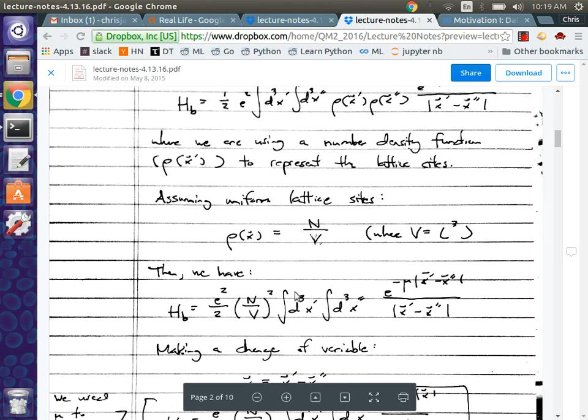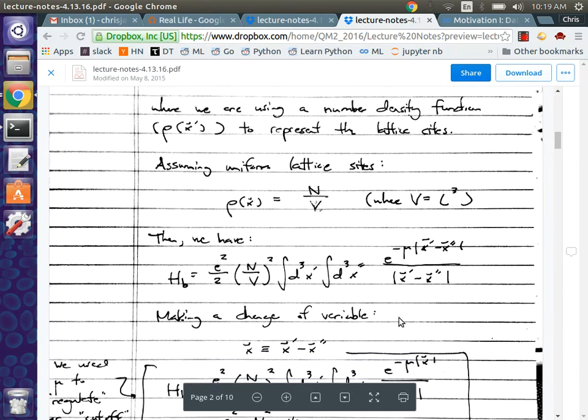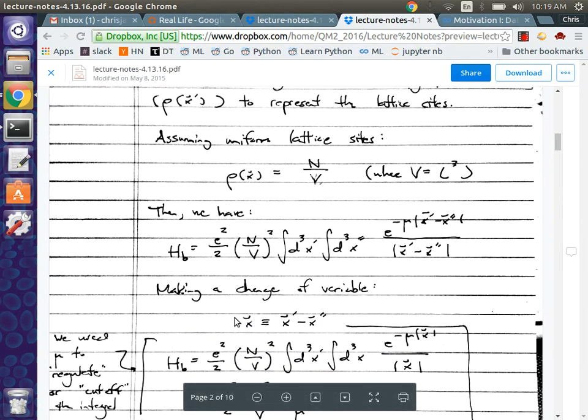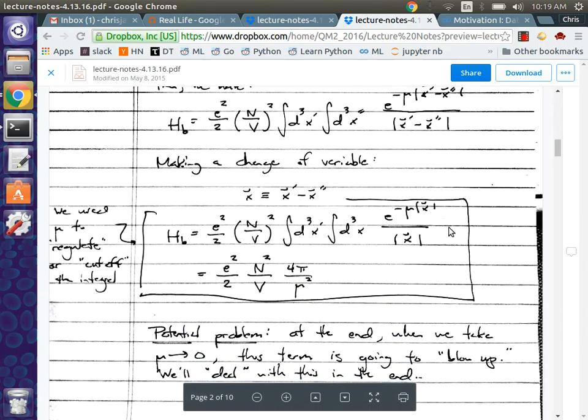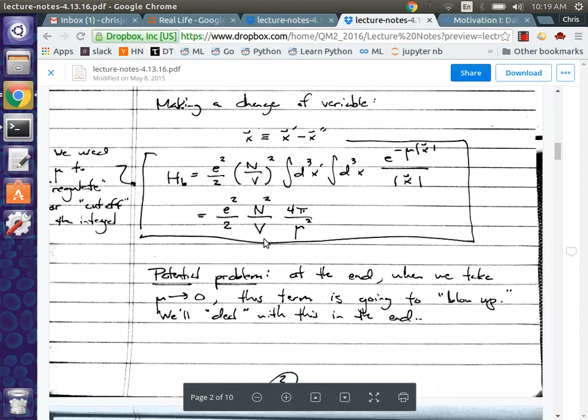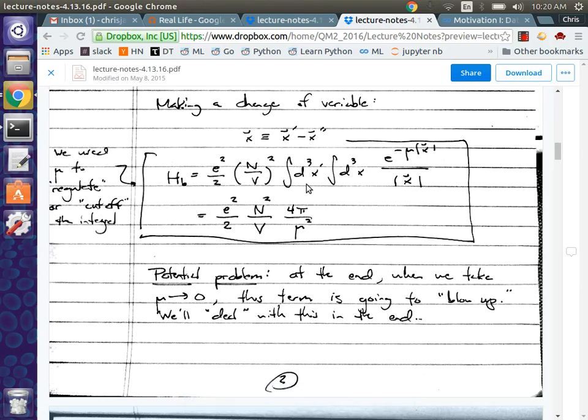And then that's a constant, so I can pull it outside of the integral, and then I can make a change of integration variables and actually do this integral. And what I find is that I get something that goes like e squared over 2. Here's n squared. This would be V squared, but one of these integrals, so this x prime integral, gives me a factor of V, right? So it's not over all space. It's over just the volume of our solid.